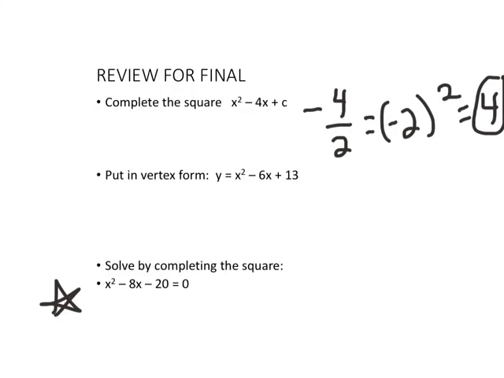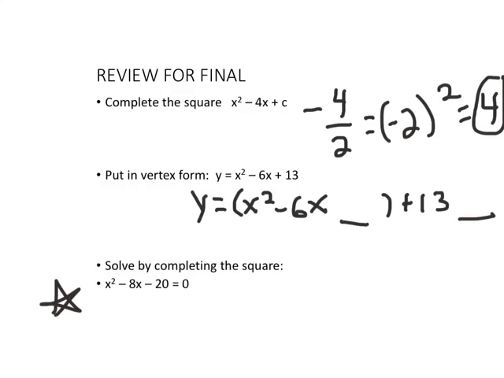Another example that involves completing the square is taking an equation for a parabola and taking it from what we see is standard form and putting it in vertex form. To do that, you go ahead and you group the first two terms together and you leave that third term out. Then you complete the square. What number completes the square?